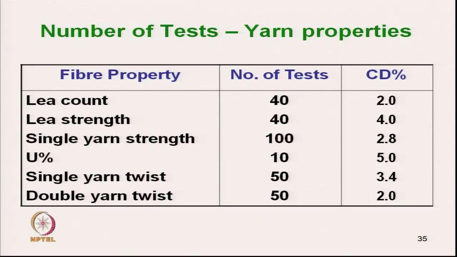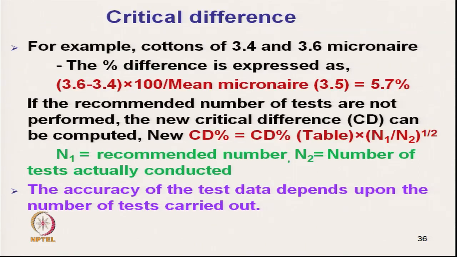In that case, we can recalculate the critical difference using this formula. If the recommended number of tests are not performed, it may be less or more, the new critical difference can be computed. The new critical difference is the tabulated critical difference multiplied by the square root of n1 by n2, where n1 is the recommended number as per the table, and n2 is the actual number of tests carried out.